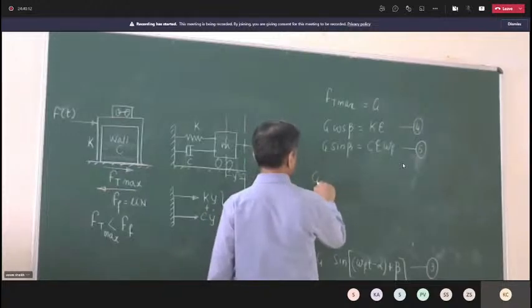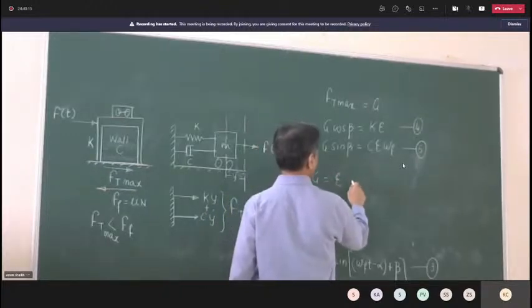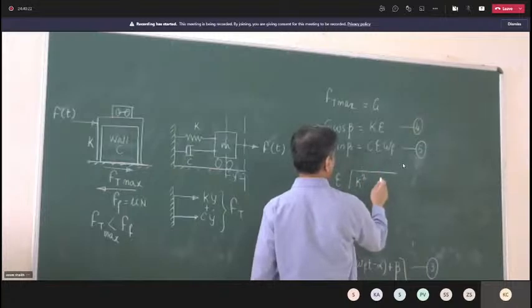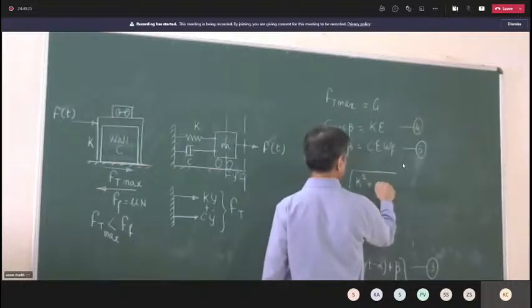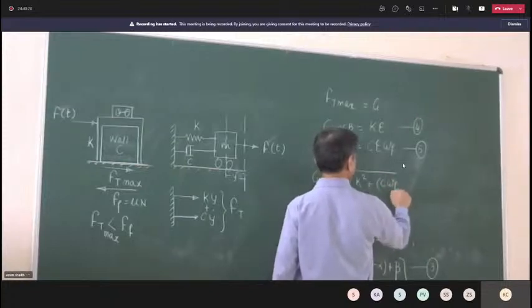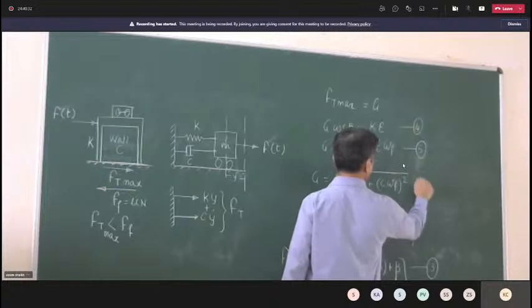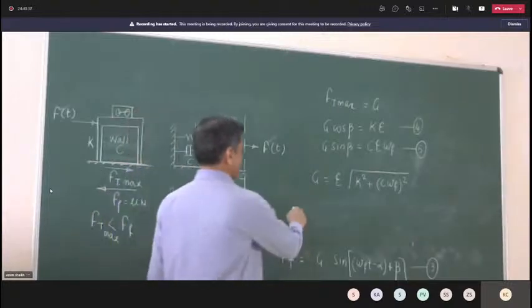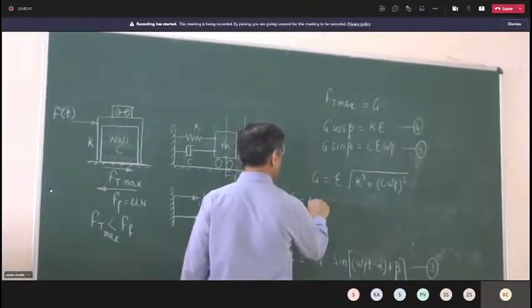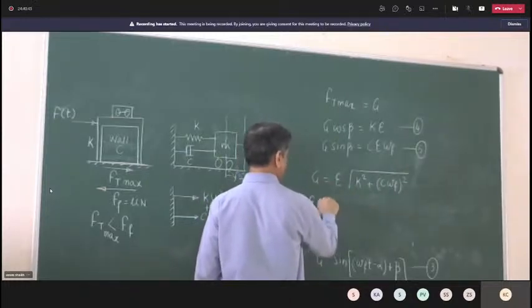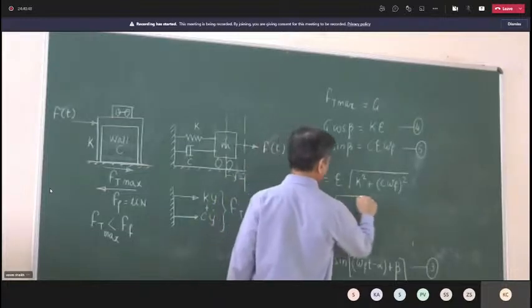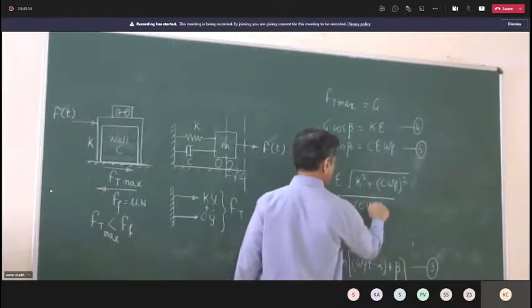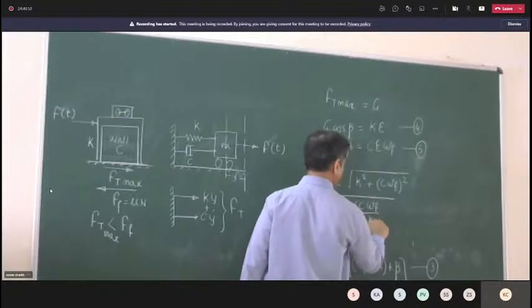So G is, we take E common, E into the root of K square plus C omega square. Even I will take K square out. So E into K under root 1 plus, now it is C omega upon K square.